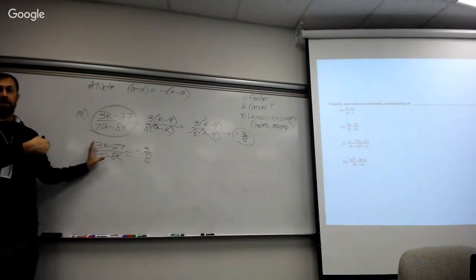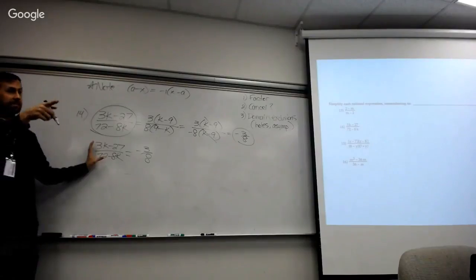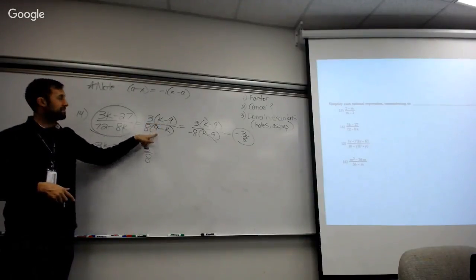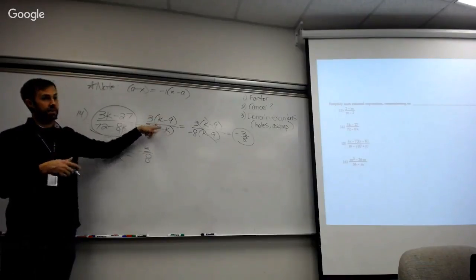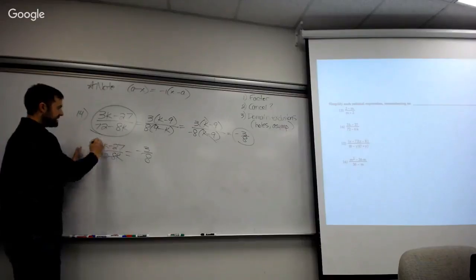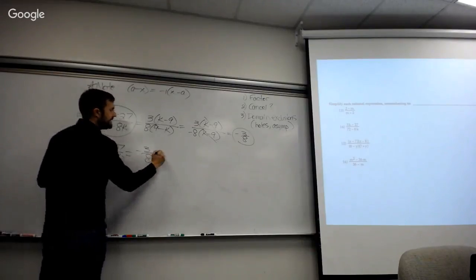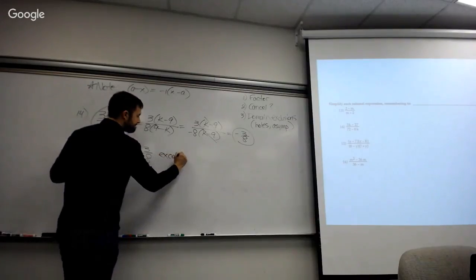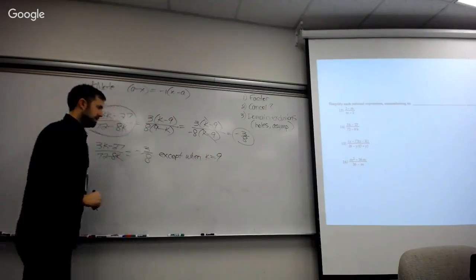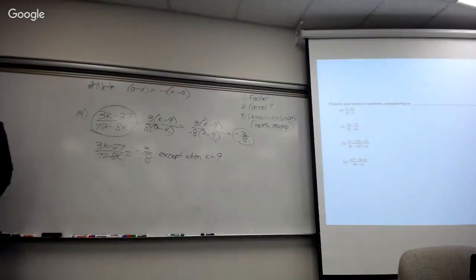It equals undefined. You would have a 0 on top, since 9 minus 9 is 0, but on the bottom you'd have 9 minus 9 too, and then you'd have 0 divided by 0, and that's undefined. So what we're really saying, folks, is that this whole nasty expression equals -3/8, except when k equals 9, because k equals 9 would make it undefined.